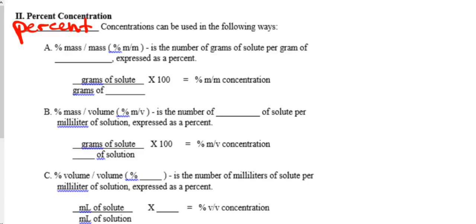That's all you're doing. We're taking a part, dividing it by the whole, and multiplying by 100, and that will give us our value. So there are 3 ways to do it. The first is when we find the percent mass over mass, and it's the number of grams of solute per grams of solution expressed as a percentage.